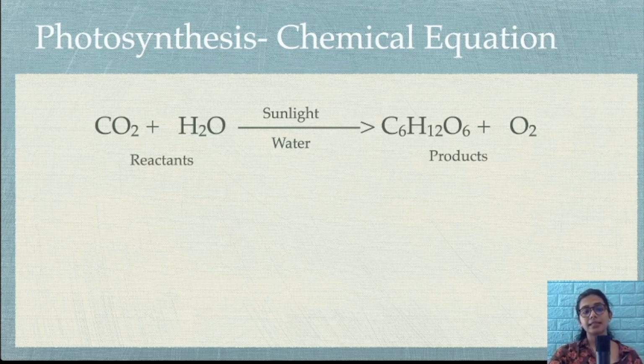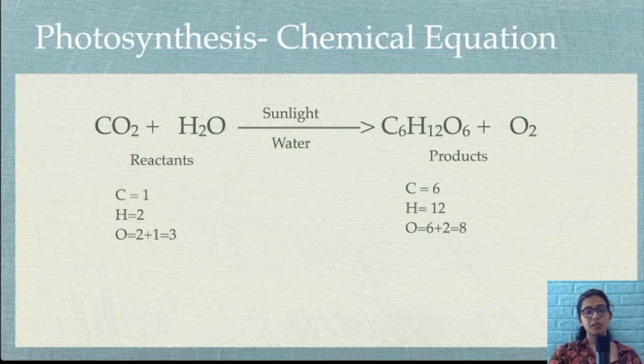On the reactant side there is just one carbon atom, whereas on the product side there are 6 carbon atoms. It's almost the same story in the case of hydrogen. There are 2 atoms on the left, that is the reactant side, and 12 atoms on the right, that is the product side. And oxygen also: 2 from carbon dioxide plus 1 from water, that means 3 on the reactant side, and on the product side there are 6 plus 2, 8 oxygen atoms.